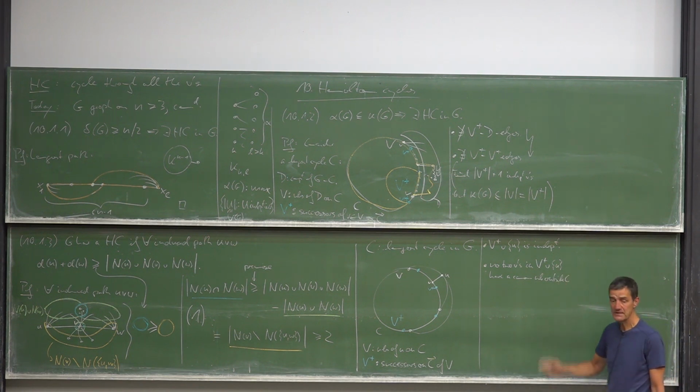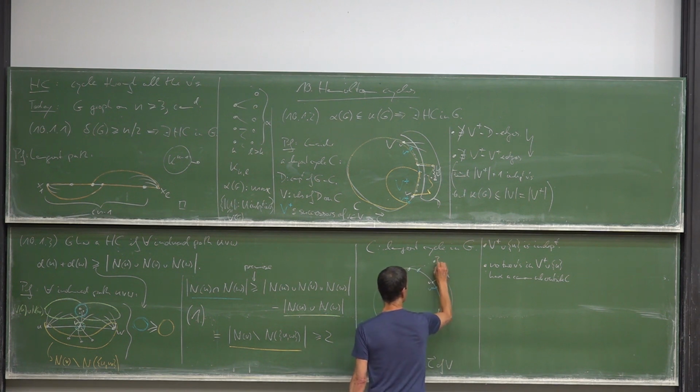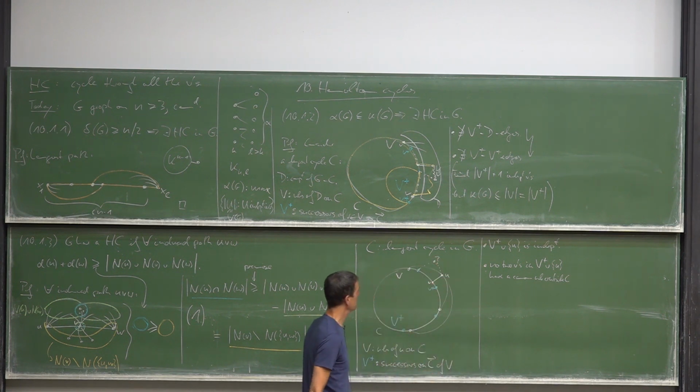Any common neighbor outside C, that would be something like a subdivided edge violating this.